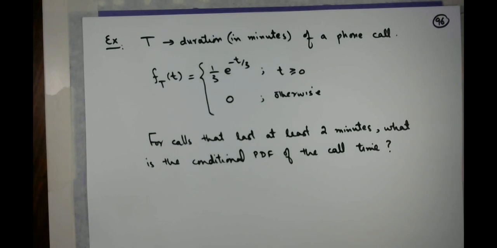Your conditioning event is t greater than 2 minutes. So first you will find the probability that t is greater than 2 minutes.